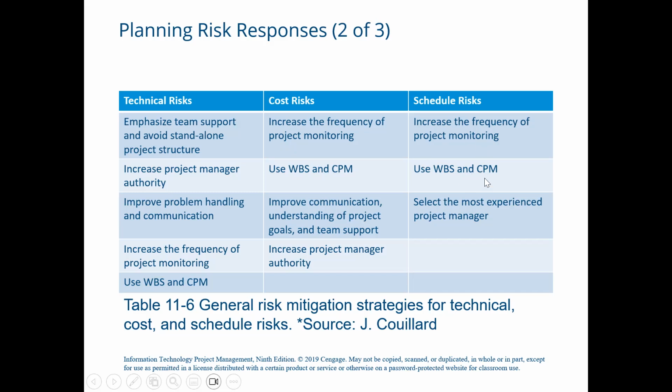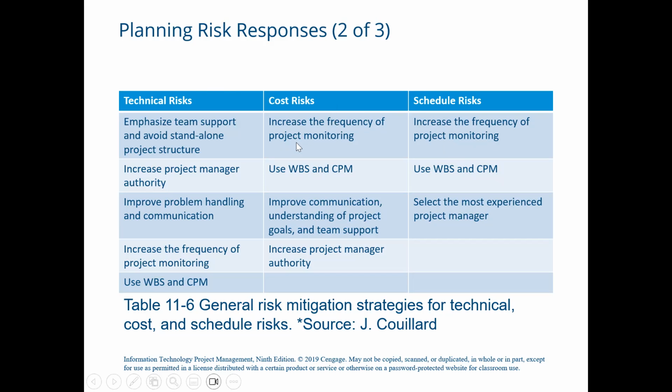They are part of all three types of risks. So it means that increasing the frequency of project monitoring and using a work breakdown structure and CPM are the strategies for all three areas.